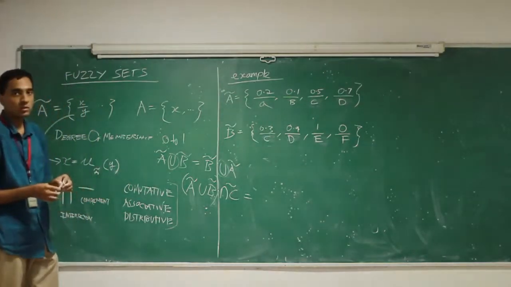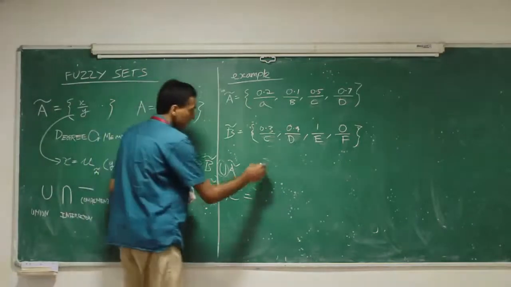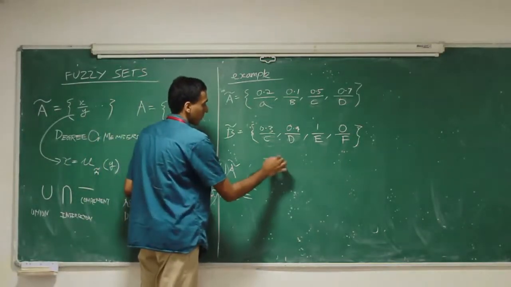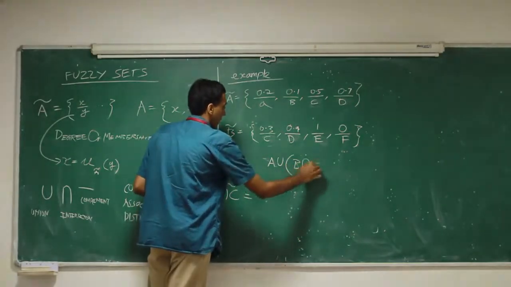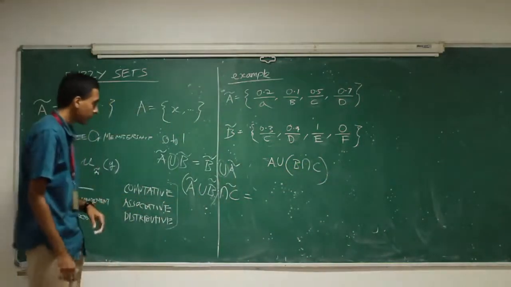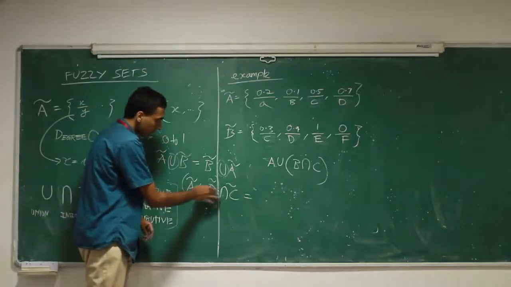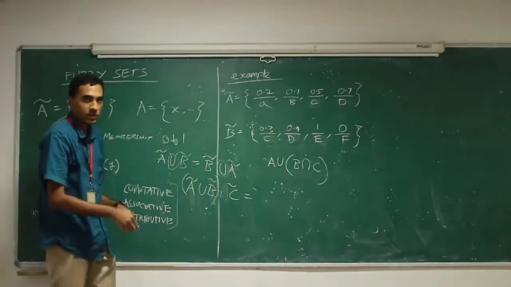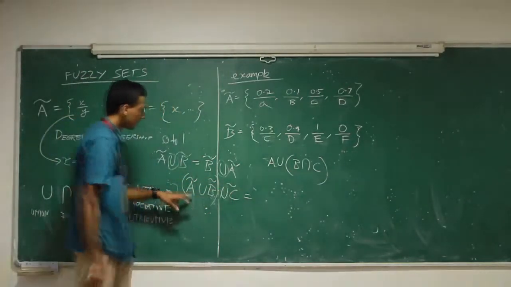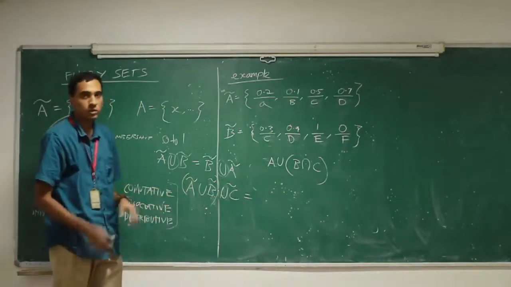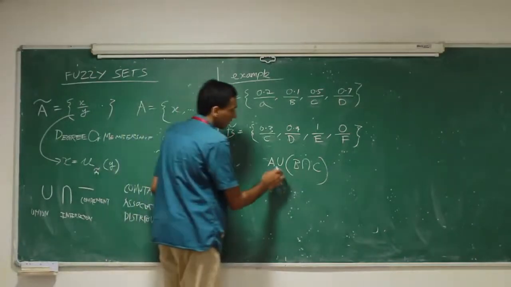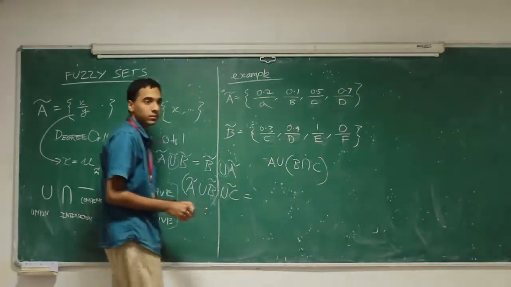Third one is distributive. Here the operations would be the same all over. So if it is union, it should be union all over. In that case only you can do it in whichever order you want. So this is distribution.